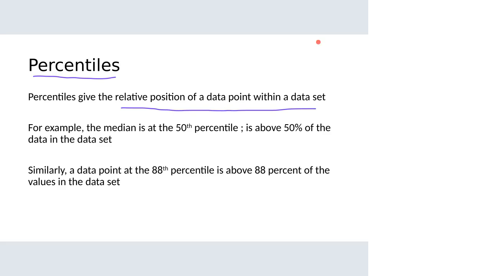An example of that would be the median is at the 50th percentile. So, if we have our entire data set here, the median is at the 50th percentile. It's halfway. And what that 50th percentile means is that the median is above 50% of the data that's in the data set.